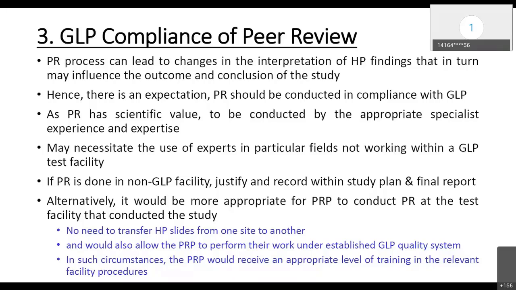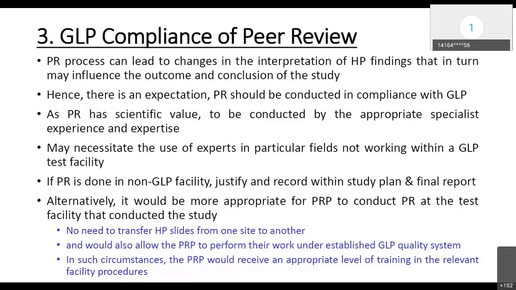In that case, if peer review is done in a non-GLP facility, then we need to justify and record it within the study plan and final report. But to meet the expectations of OECD and to conduct the peer review in a GLP environment, we should still make an attempt to conduct peer review in a GLP way. How can it be done when the peer review pathologist is not working in a GLP facility?